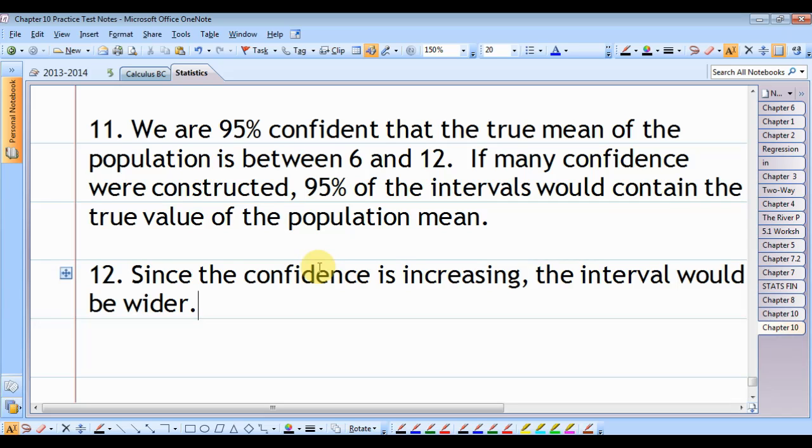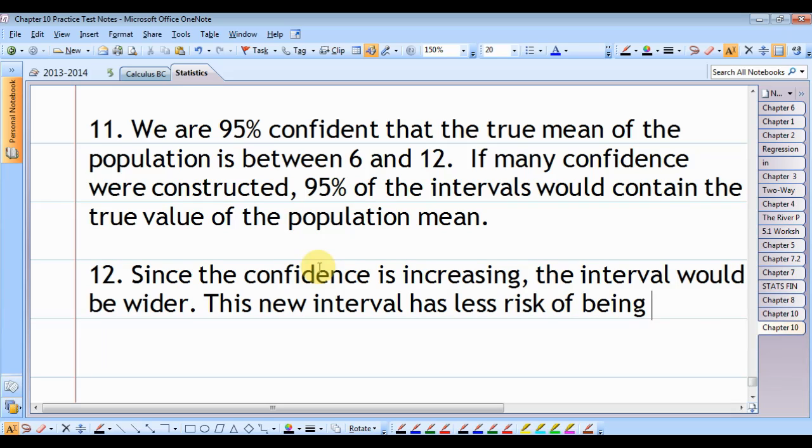Okay. Does the new interval involve more risk or less risk of being incorrect? This has less risk of being incorrect.